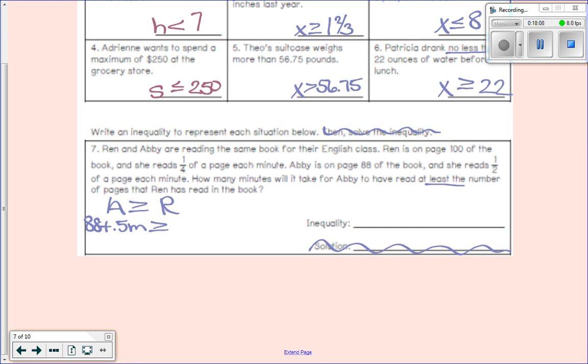And what's Ren? She's on what page? Good. She's on page 100. In addition, she reads 1/4 each minute. There's our inequality. Not bad, right? Questions? It's very helpful if we can write that first and then replace their individual expressions.